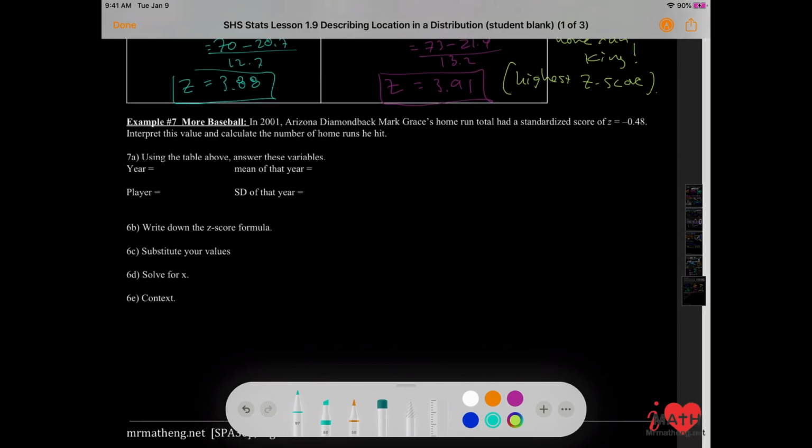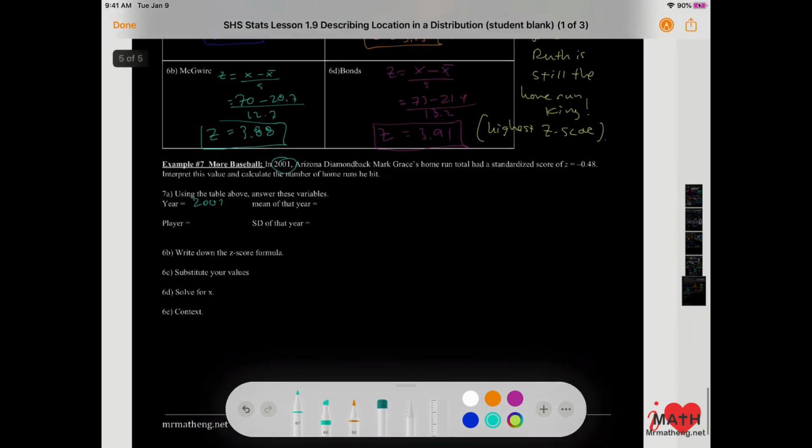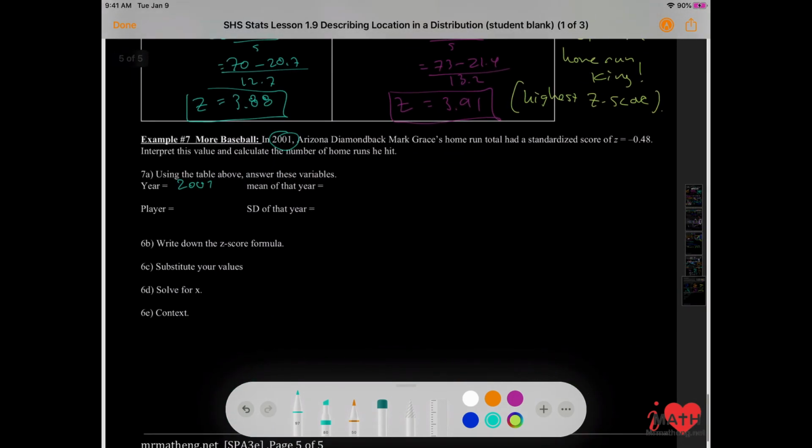So, what we just read, what year was that? 2001. Using the table above, answer these variables. Which player was in 2001 in that chart? That was Barry Bonds. And what was the mean that year? The mean for Barry Bonds in 2001 was 21.4.